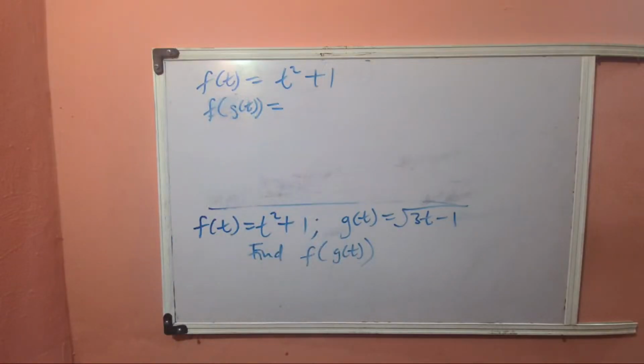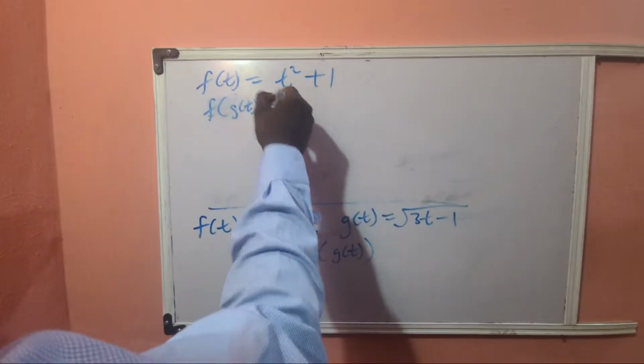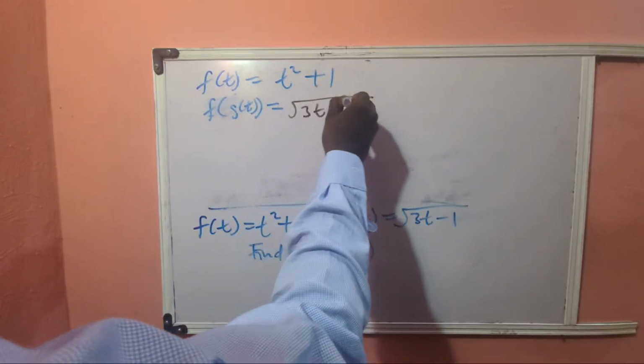What do I go on to do? Wherever I see t, I'm going to be fixing g of t there. So instead of t now, I'll be having square root of 3t minus 1.